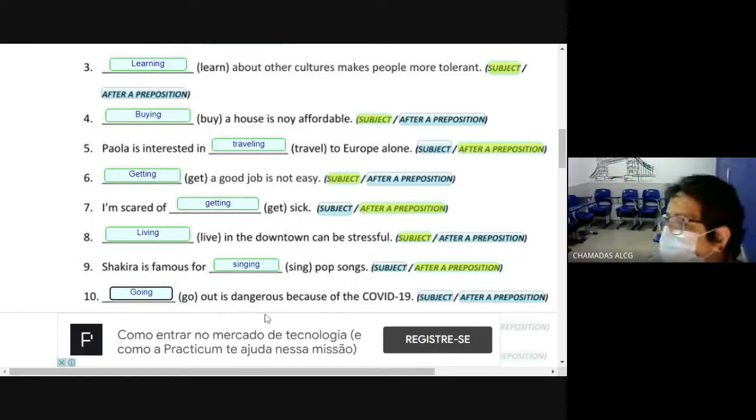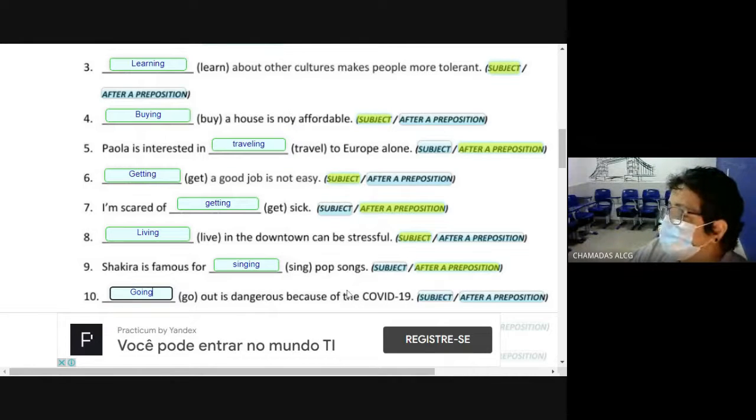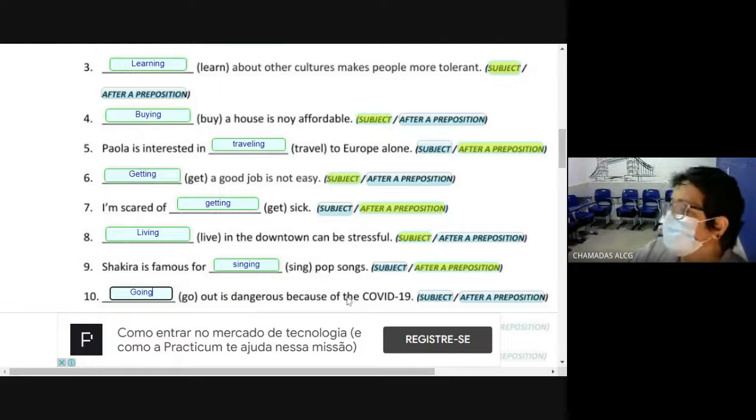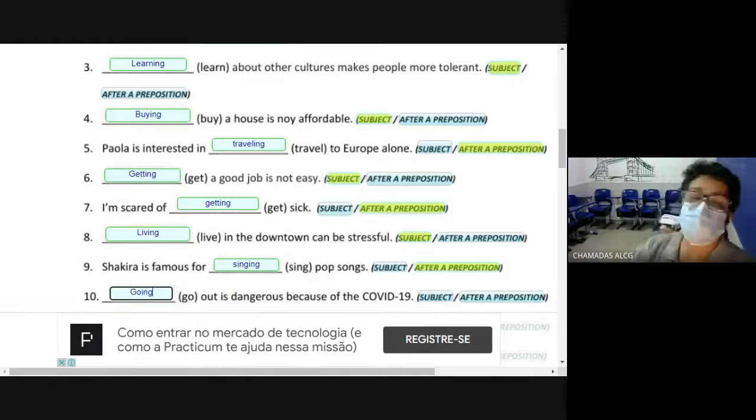Going out is dangerous because of COVID-19. Here we should eliminate the article. This is a mistake. Okay? We don't need to use the article here. So we should say, going out is dangerous because of COVID-19, period.